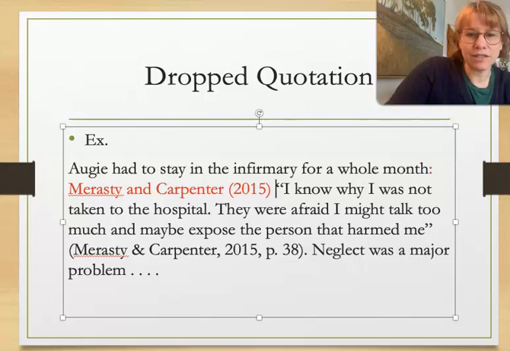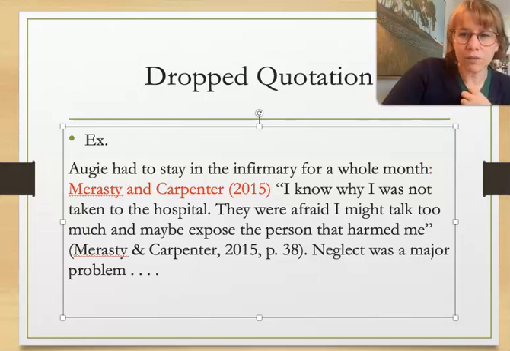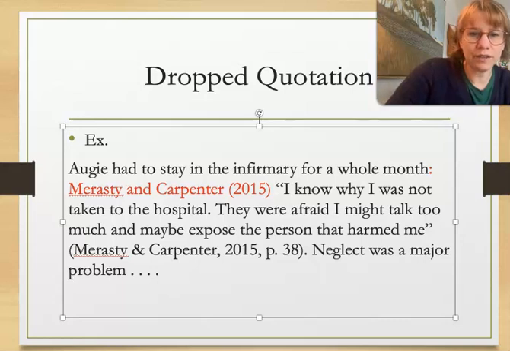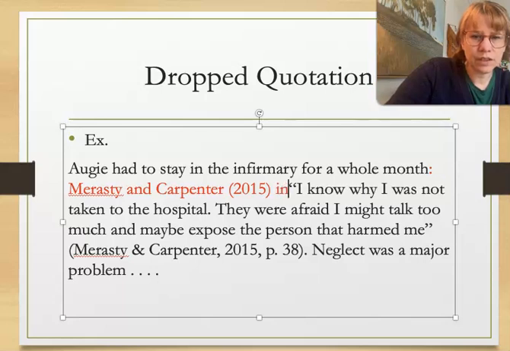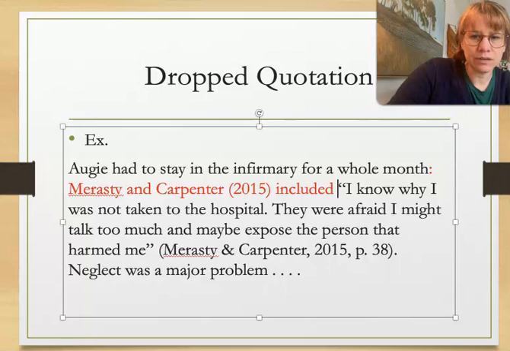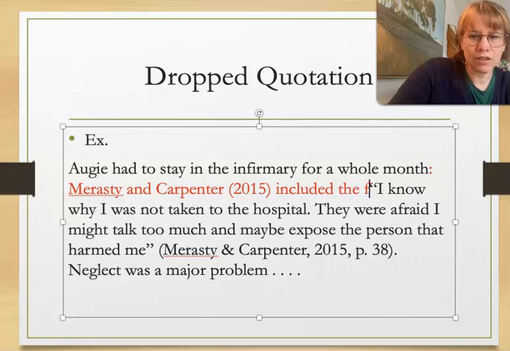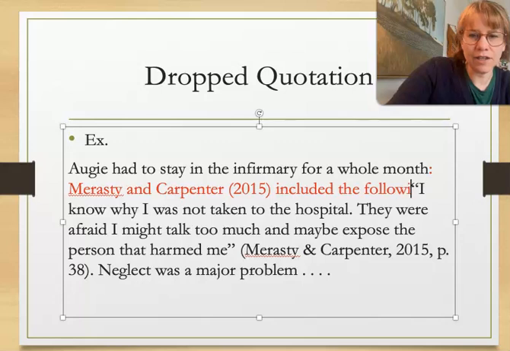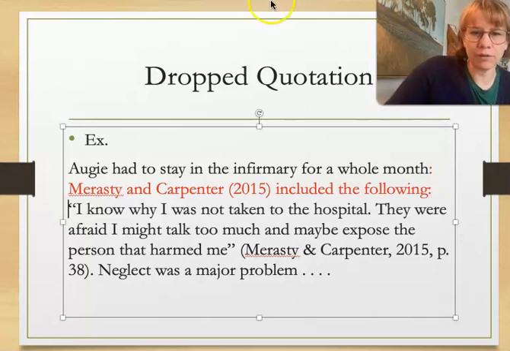So you could say Morasti and Carpenter, again, the signal phrases are a little awkward with this one just because there's two authors, but Morasti and Carpenter included the following or something like that. You could work around what you want that first part to be.